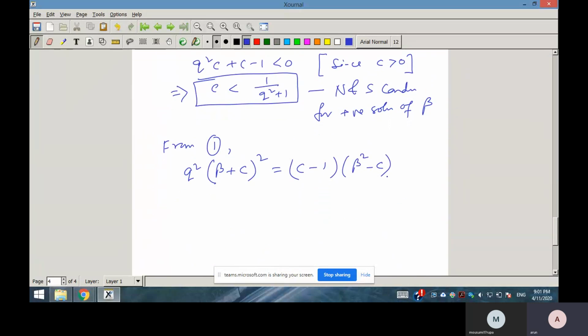So this implies beta square minus C has to be less than 0, because the left hand side is greater than or equal to 0 and C minus 1 is less than 0. So this implies beta square is less than C.